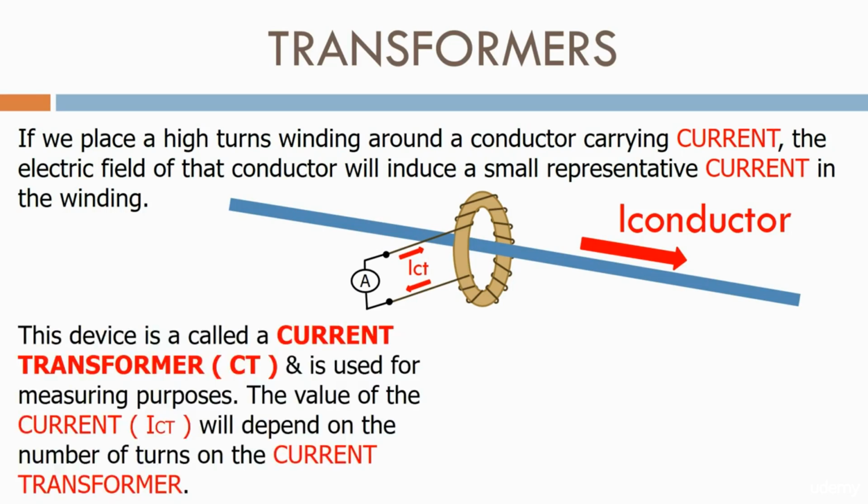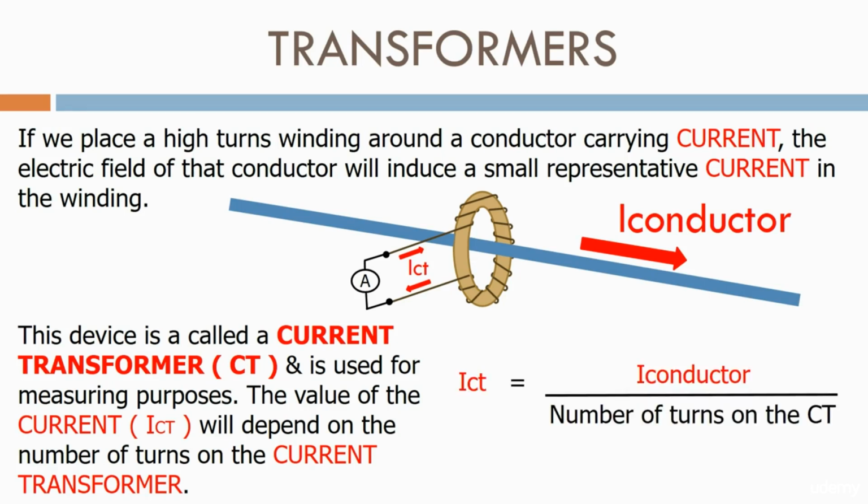This device is called a current transformer, or CT, and is used for measuring purposes. The value of the current ICT will depend on the number of turns on the current transformer, with ICT equaling the current flowing through the conductor divided by the number of turns on the CT.